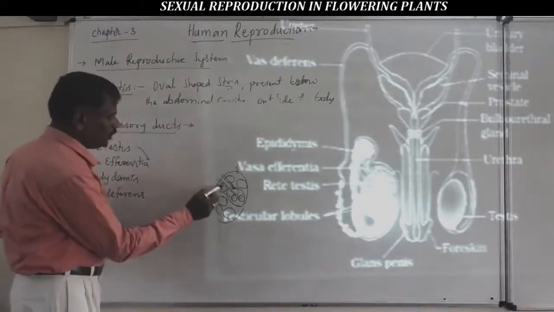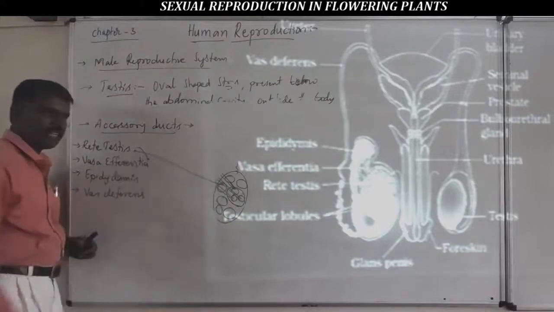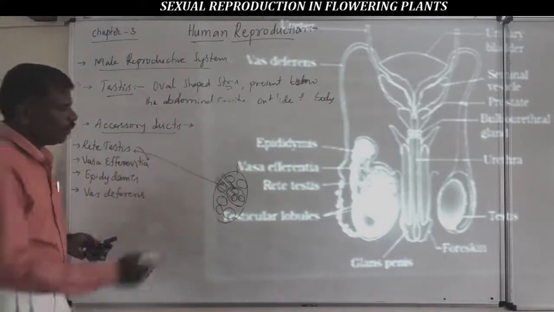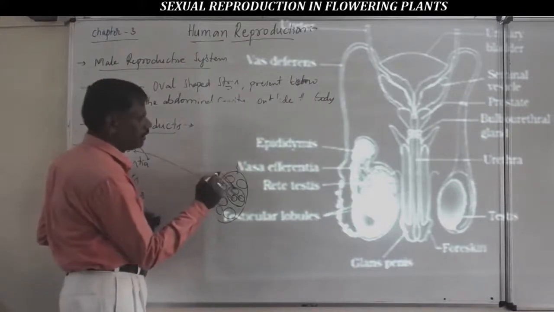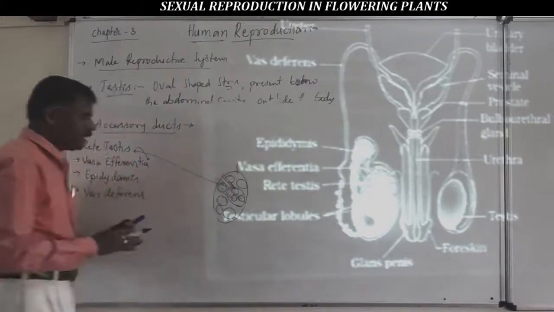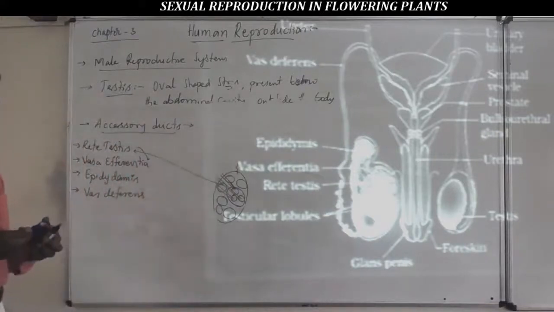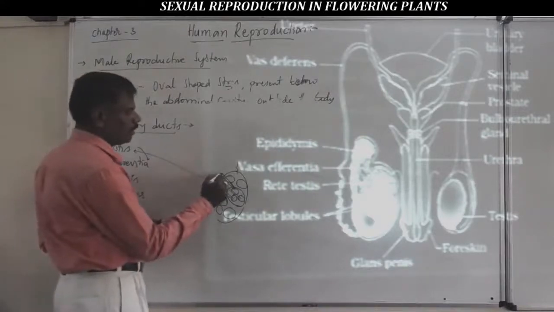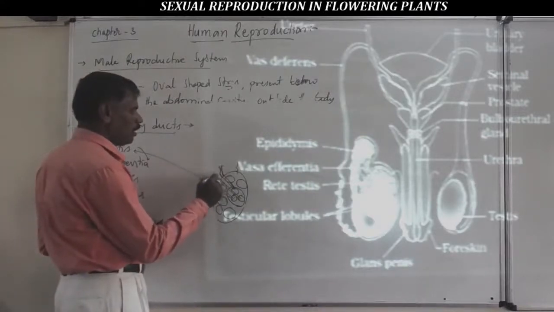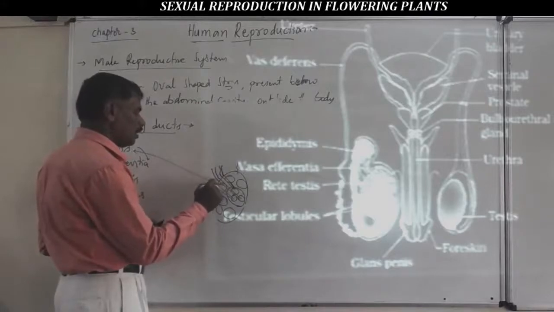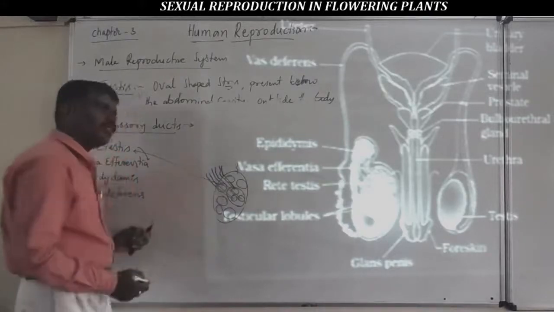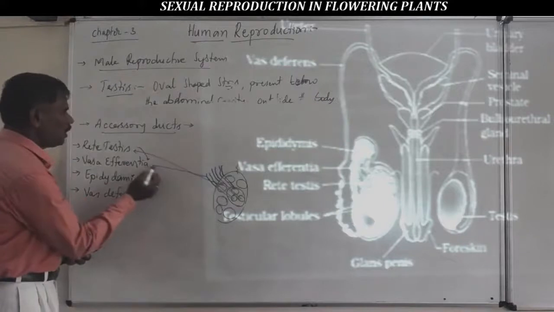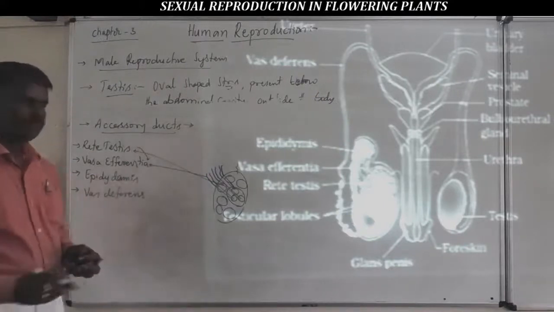These tubes are called the rete testis, which connect to the vasa efferentia. These tubes here are the vasa efferentia.